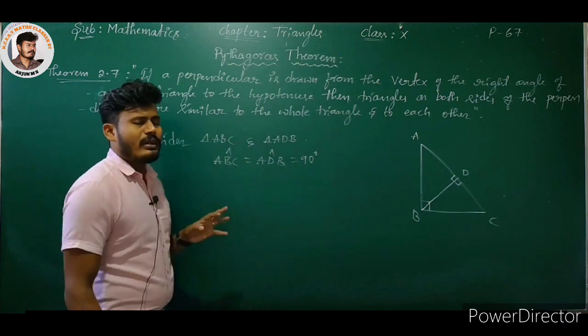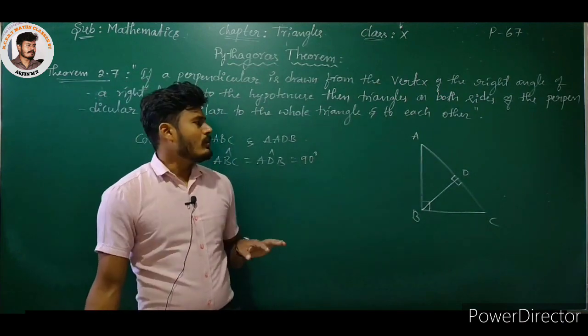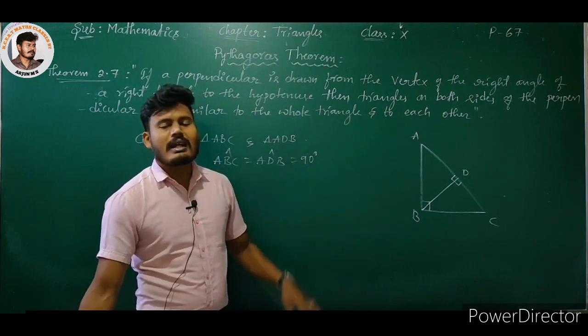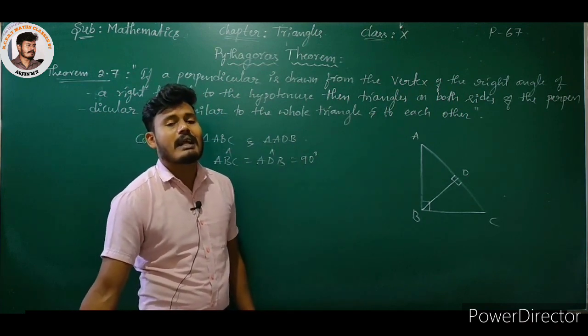Now we need one more angle to prove these two triangles are similar according to the AA similarity criterion.